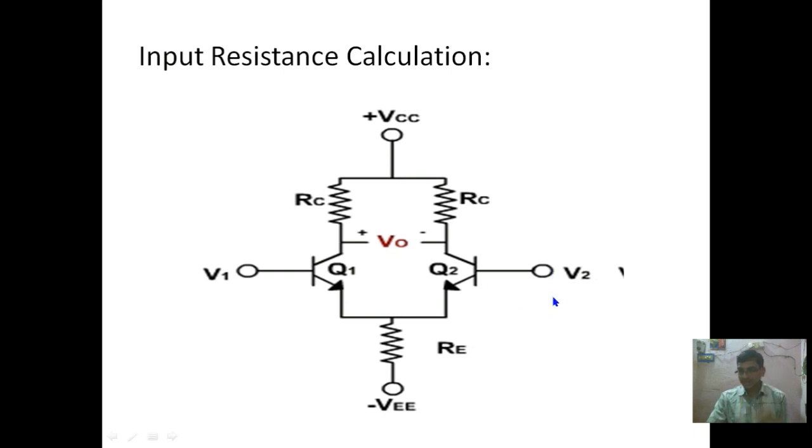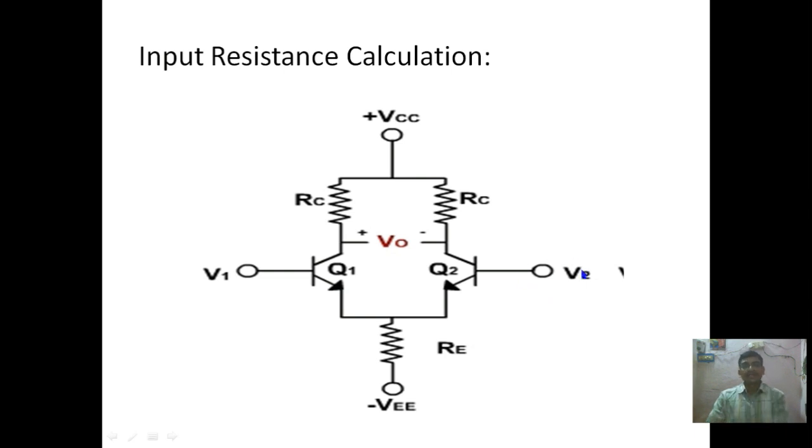The other voltage should be grounded while calculating the input resistance of this stage. So if we are calculating the second stage input resistance, the stage 1 input voltage must be equal to 0. For example, while calculating Ri1, the input resistance of this stage 1 or this transistor section, V2 should be grounded.